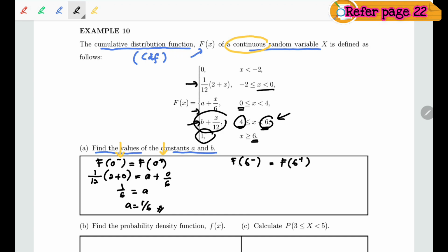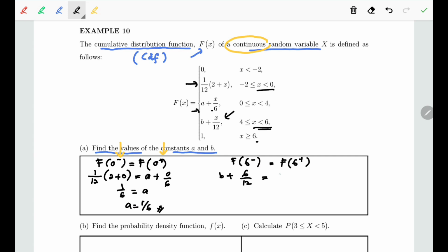For x less than 6, it will be b plus 6 over 12, which equals 1, since 6 from the right side is represented by this function. So b equals 1 minus 6 over 12, which is 1 over 2. So b equals 1 over 2.